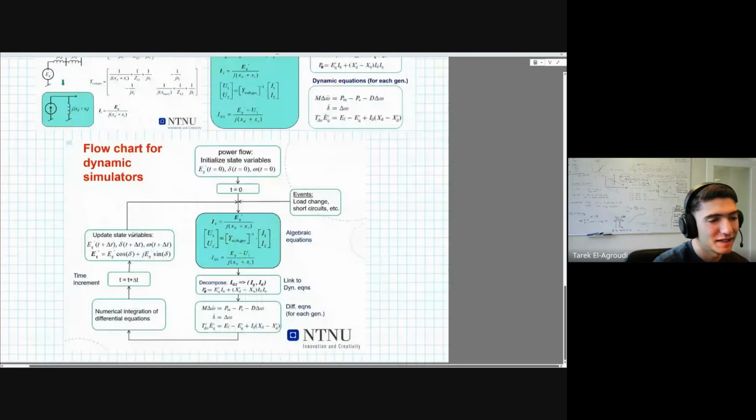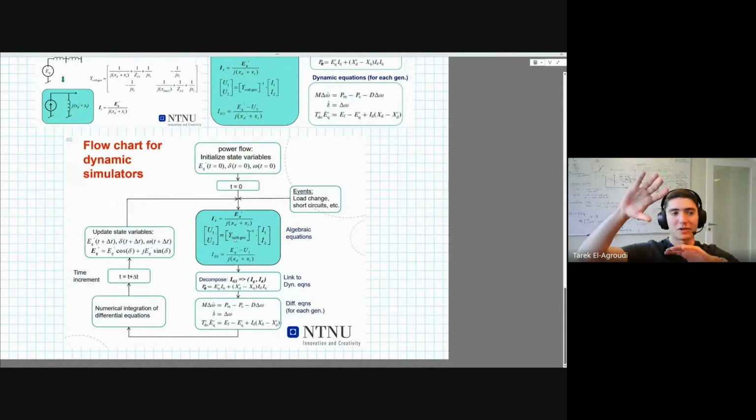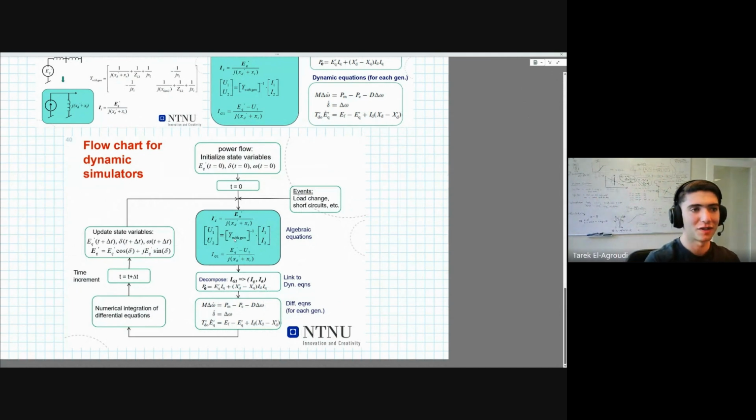Once you have those, you can solve this green area here that's related to if you have multiple components in a power network. You have to describe something called power flow, so how currents and voltages transfer over the network. That's not the main focus of this course.